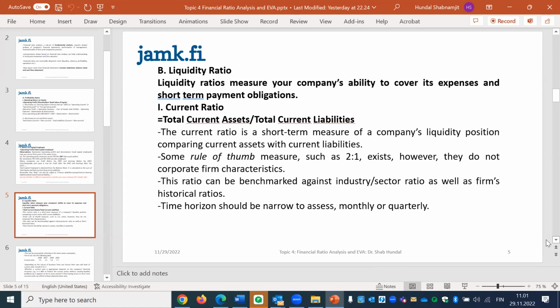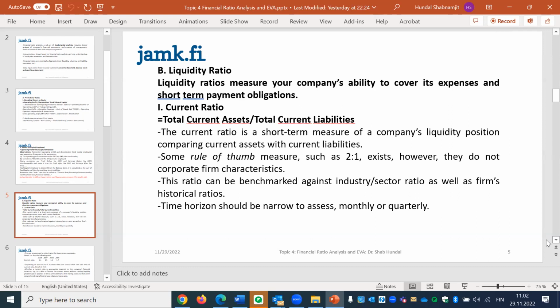The idea of liquidity is that if you are a less liquid or illiquid company, then you cannot meet your short-term obligations. And if you cannot meet your short-term obligations, it will not take a long time before you can't even meet your long-term obligations. And then the problem of insolvency can arise.